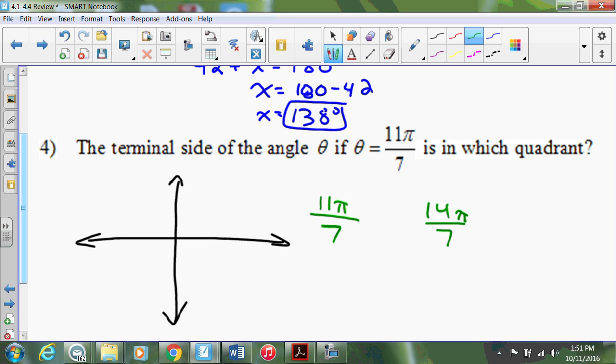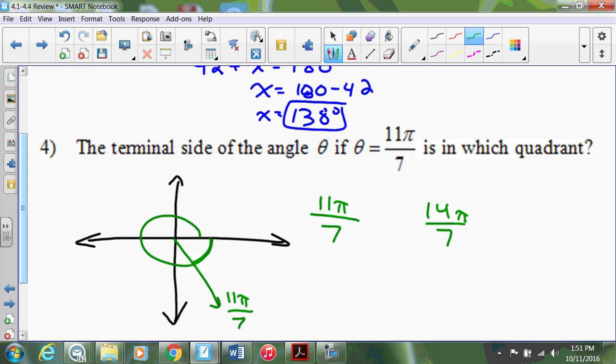If I had 14 pi over 7, I would loop all the way around to 2 pi, right? Because 2 pi is the same thing as 14 pi over 7. But I'm 3 short, so I'd have to back it up 3 pi over 7, and I'd end up right about here. This would be 11 pi over 7.